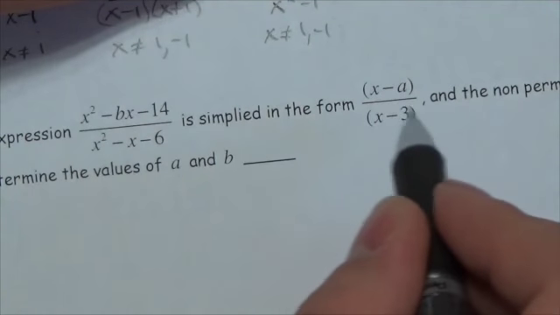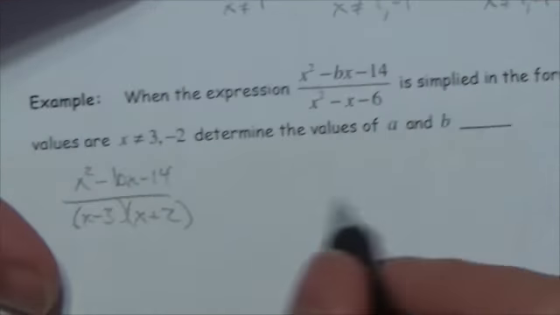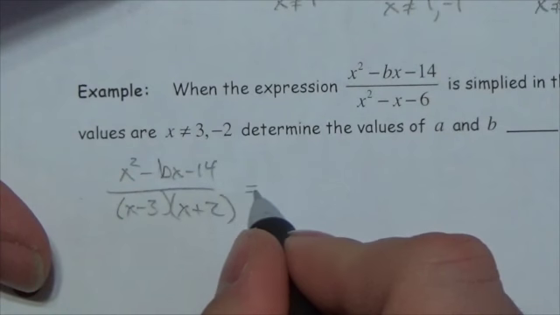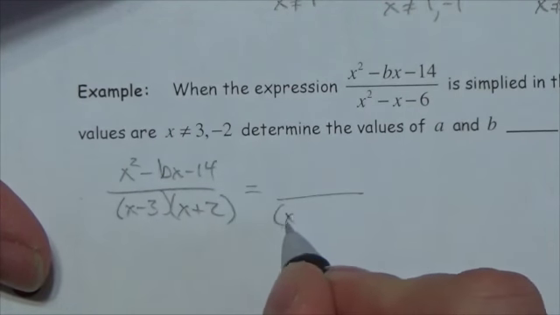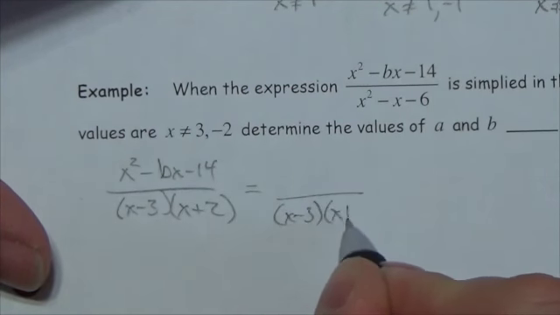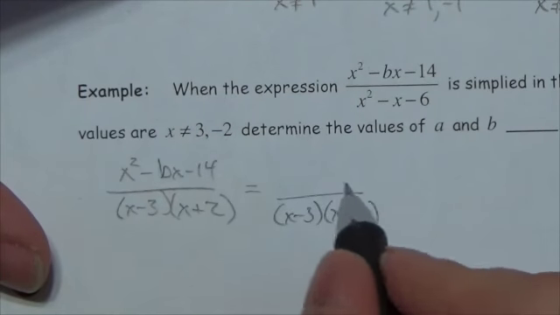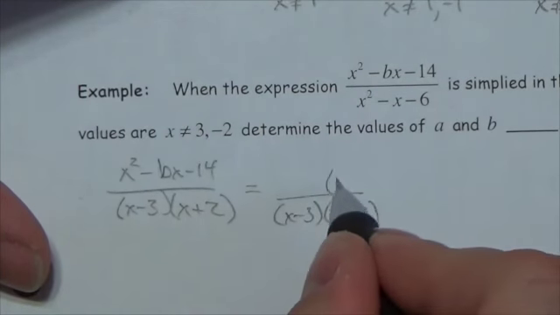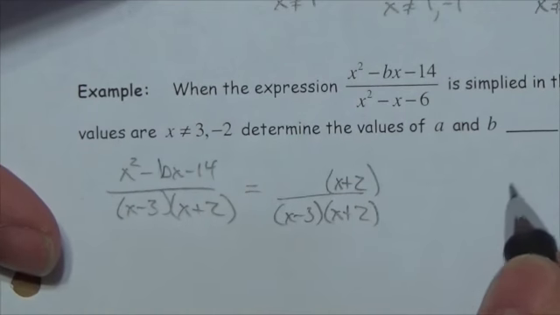There's this x minus a and then this x minus 3. So what that means here is that this must be equal to, and I'll write this down here as x minus 3, x plus 2. This is equal. I'm not going to do anything. I know there must be an x plus 2 here.